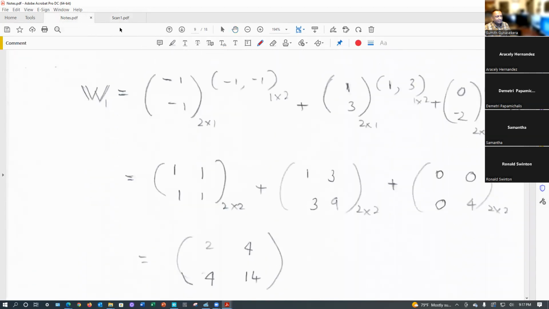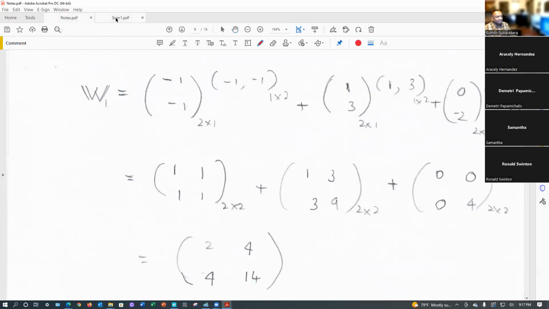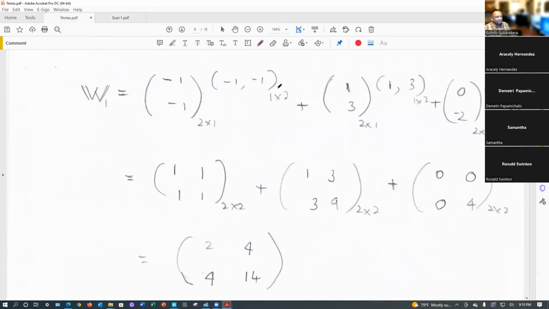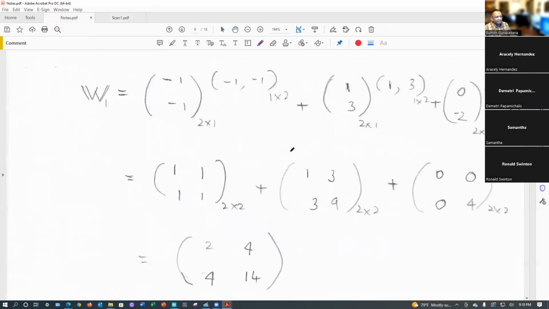After simplifying, 1 minus 2 is minus 1, and 3 minus 4 is negative 1. Its transpose is a 2 by 1 times 1 by 2, plus the other one. This one, 3 minus 2 is 1, 7 minus 4 is 3, and its transpose is 1, comma 3. This is a column vector times a row vector.